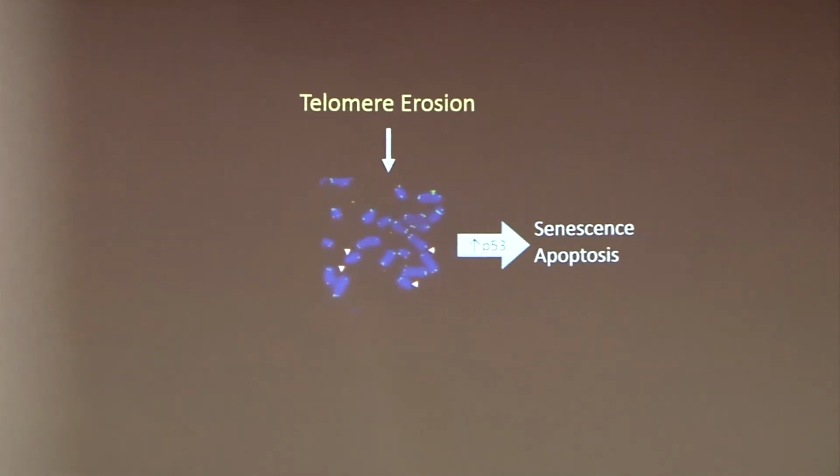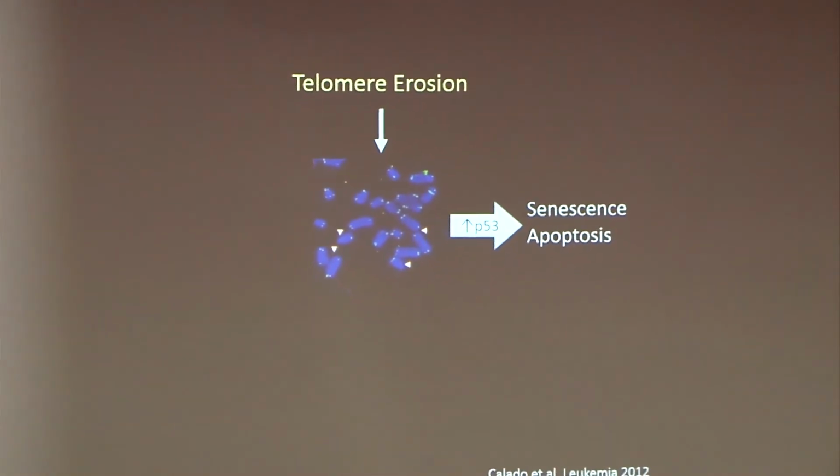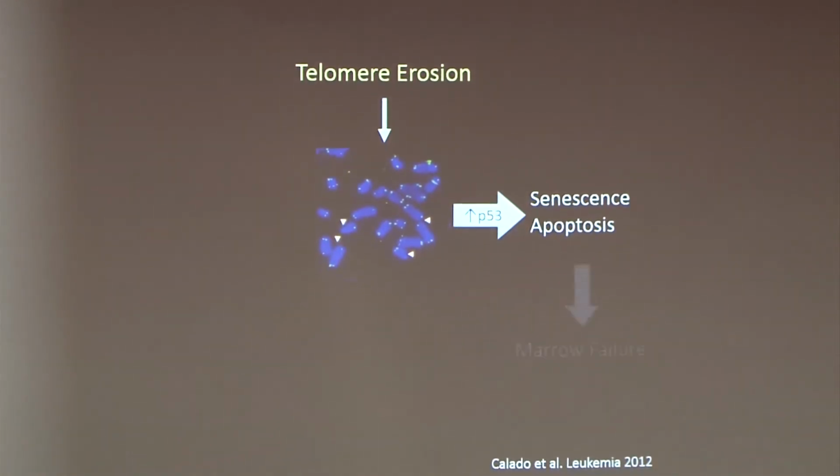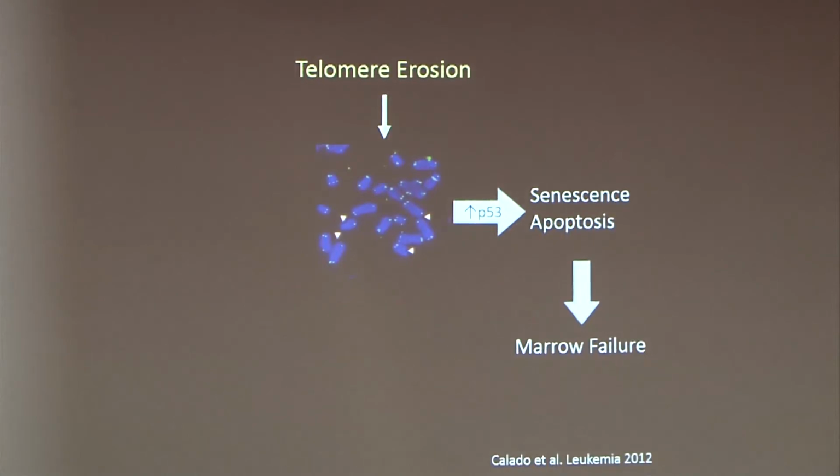So, as I said, when telomeres get too short, we can barely see them here in the cells, and most of the cells with short telomeres will then upregulate p53, p21, p16, and the cell goes into senescence or apoptosis. Patients with deficiency in telomerase, and the prototype is dyskeratosis congenita, but also some patients with aplastic anemia, that is the bone marrow failure, hematopoietic stem cell failure syndrome.